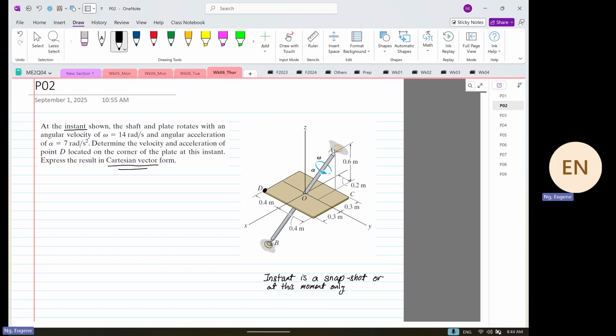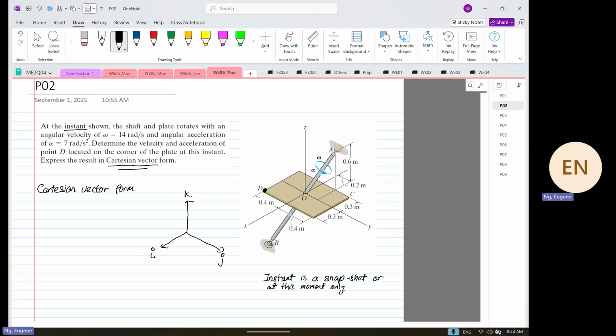So in Cartesian vector form, we have our transformation. X is our i, Y is our j, Z is our k. That is the notation that we use.